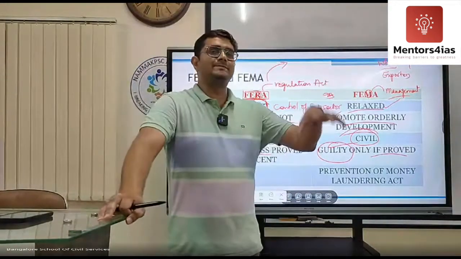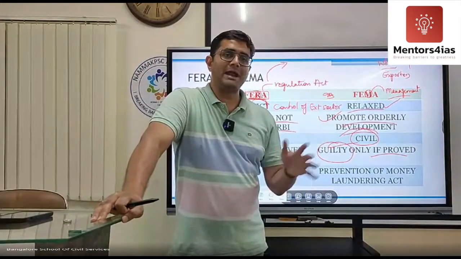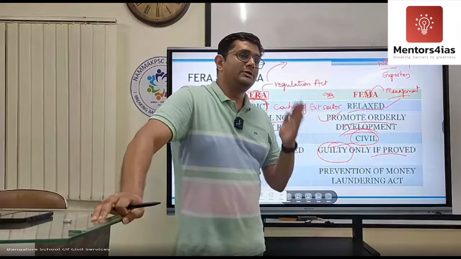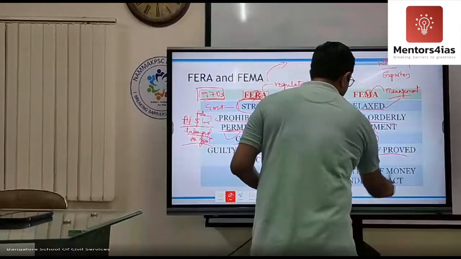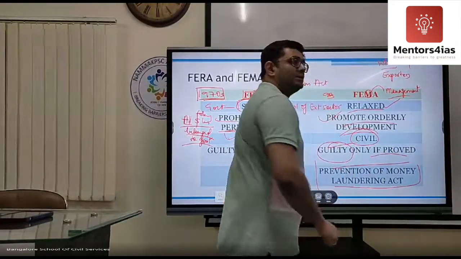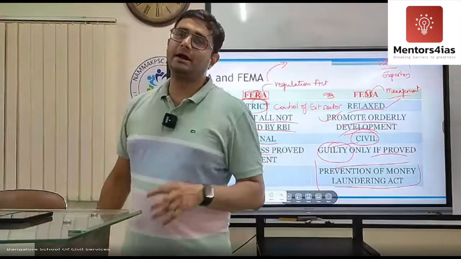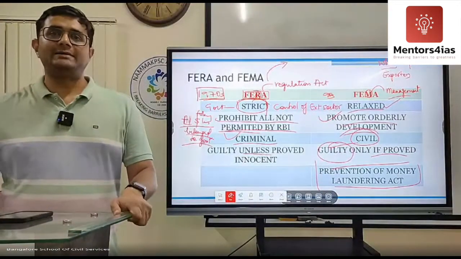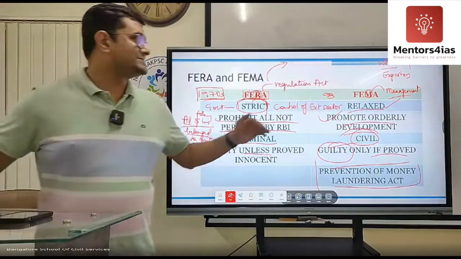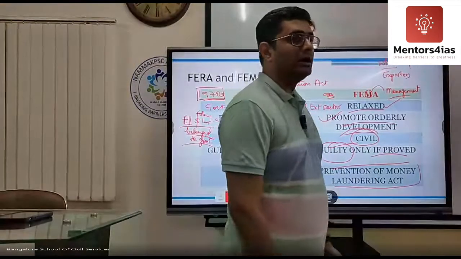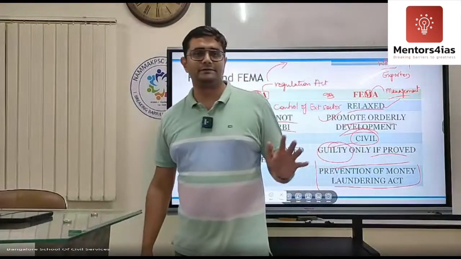And those aspects dealing with money laundering and black money, etc., were removed from that law and a separate law was created called the Prevention of Money Laundering Act, which made money laundering a criminal offense. So that part still remains criminal law. The rest of them was made into a civil offense.